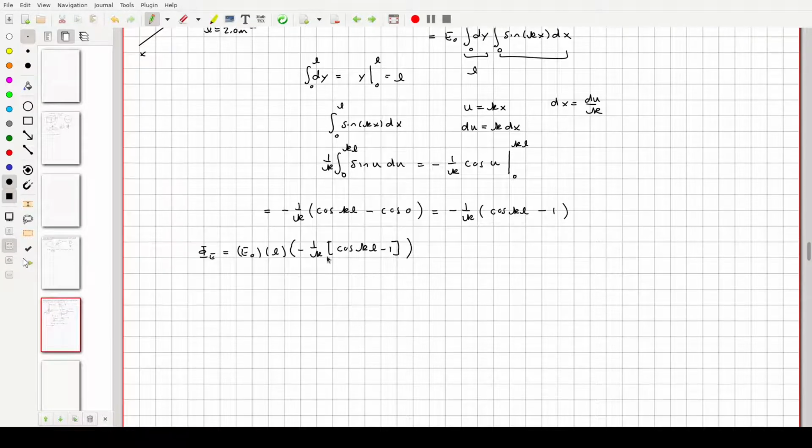So what I'm going to do here is move this minus sign through here. It flips this. I have E naught L over k, and then I have 1 minus cosine of k times L.